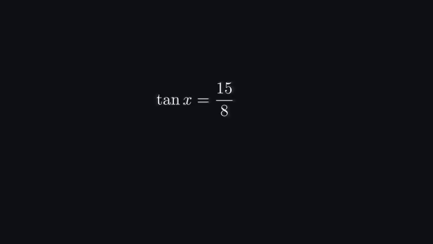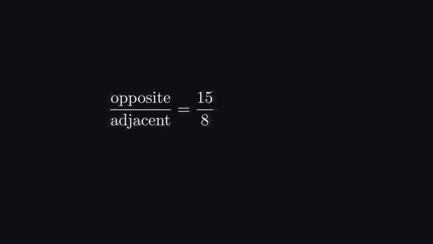Tan of x equals 15 over 8. Tan of x equals opposite over adjacent. So opposite over adjacent equals 15 over 8.